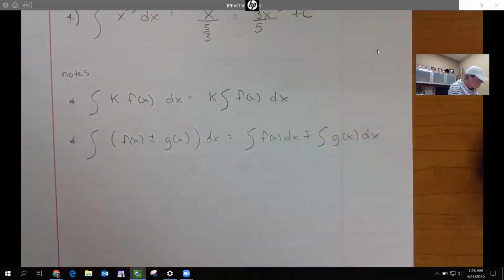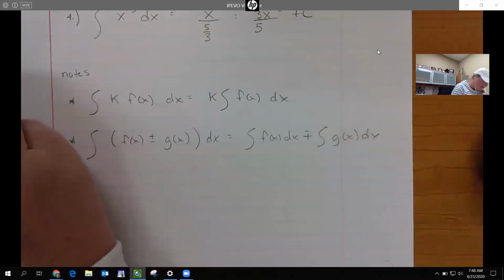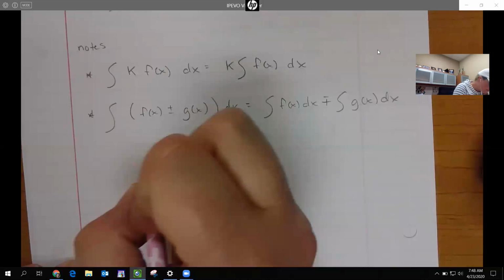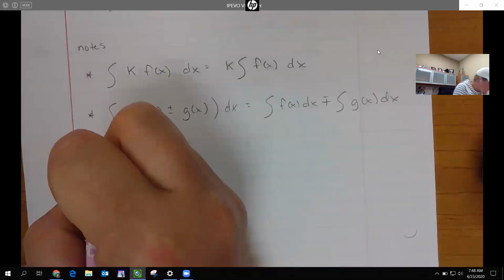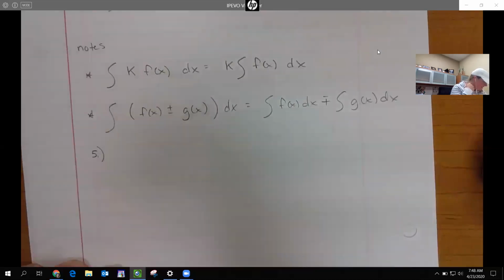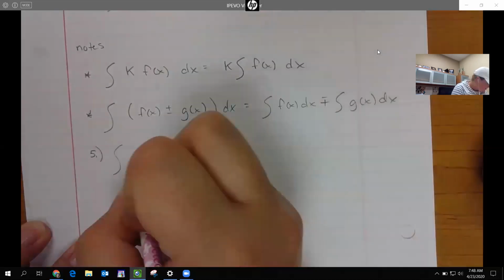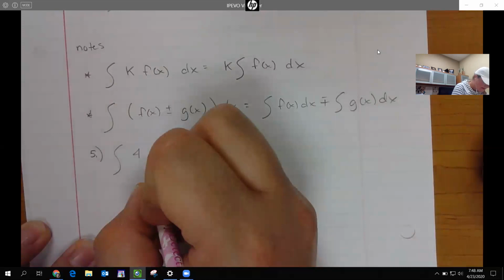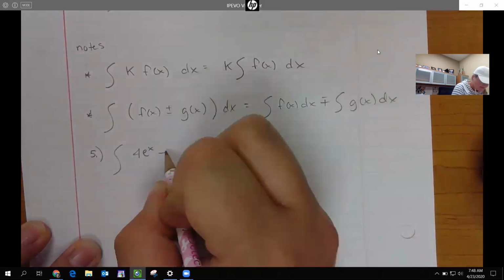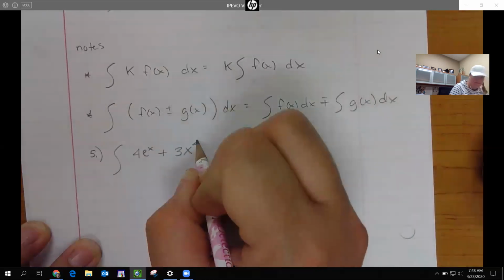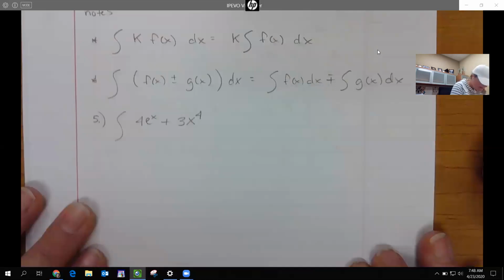So let's do some of the harder ones. Okay, so this is like my 5th example. What if I have, oh, this one isn't that hard, e to the x plus 3x to the 4th dx.